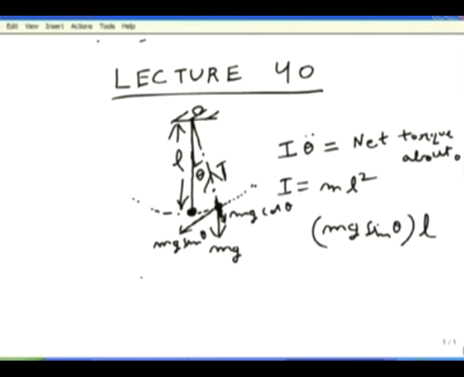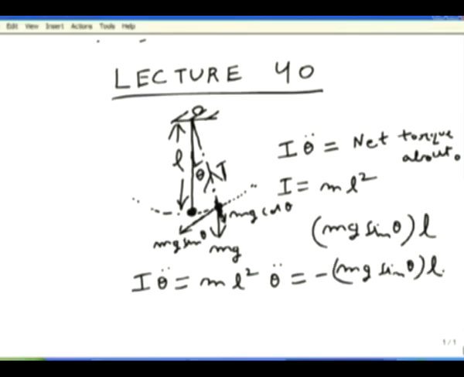Therefore, you get the equation I theta dot dot, that is m L square theta dot dot, equal to minus mg sin theta multiplied by L. So, m and L can be cancelled from both sides, then this equation becomes theta dot dot plus g by L sin theta is equal to 0.